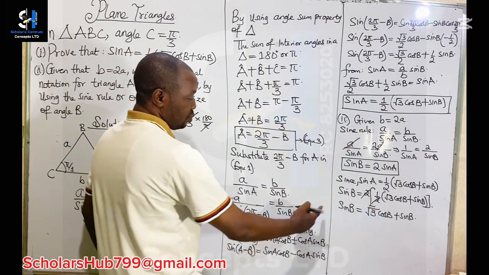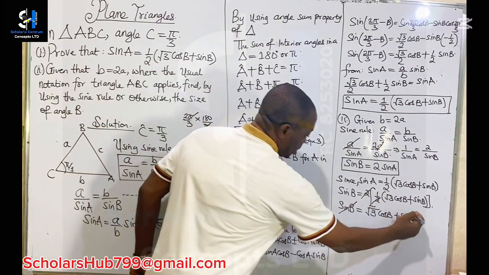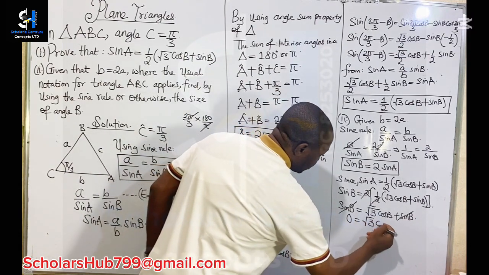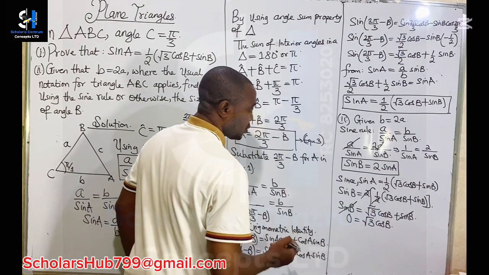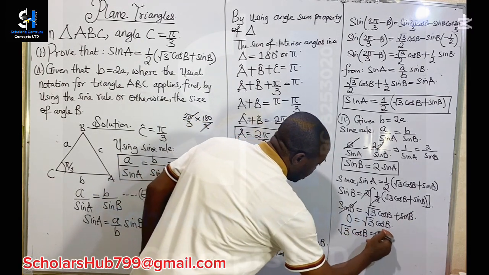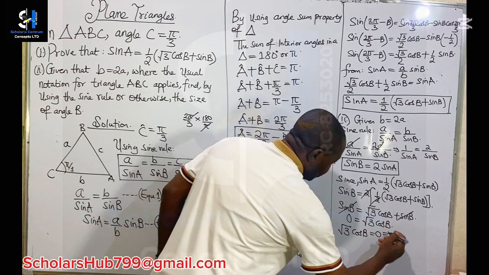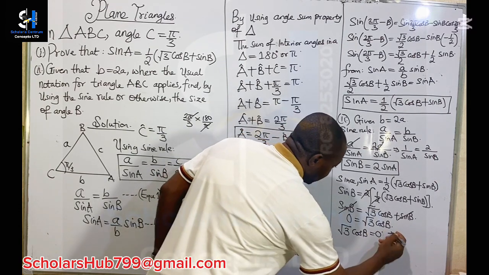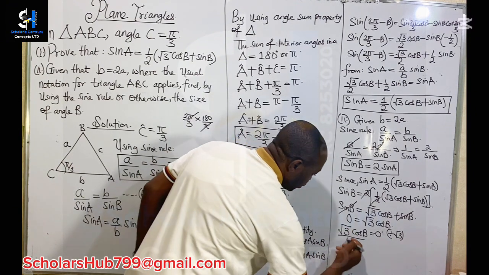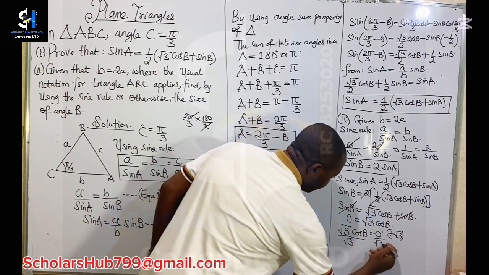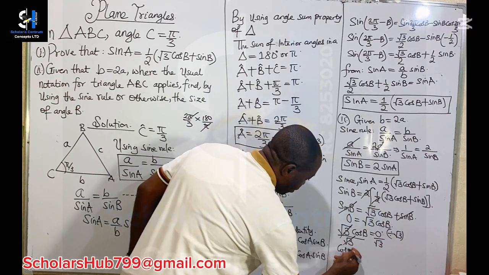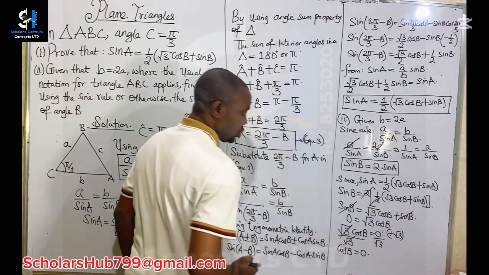Now by subtracting sin B from both sides, we have 0 equals radical 3 cos B. We can rewrite this as radical 3 cos B equals 0. When we divide this by radical 3, we have cos B equals 0.